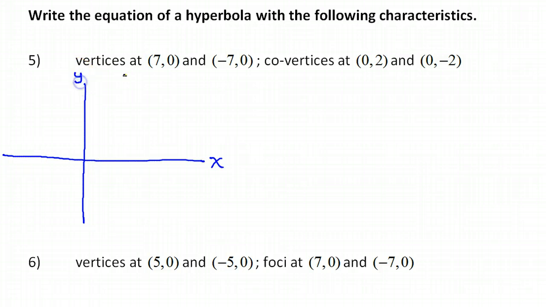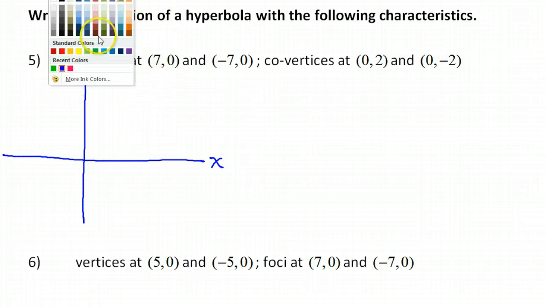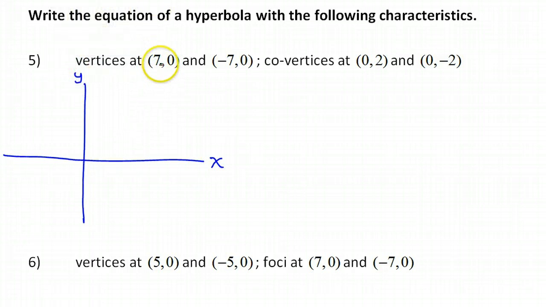So x-axis, y-axis. So we have vertices at (7, 0) and (-7, 0). So, okay, 1, 2, 3, 4, 5, 6, 7. 1, 2, 3, 4, 5, 6, 7.